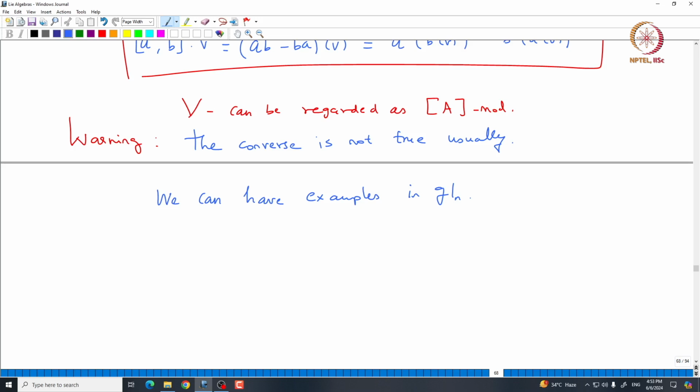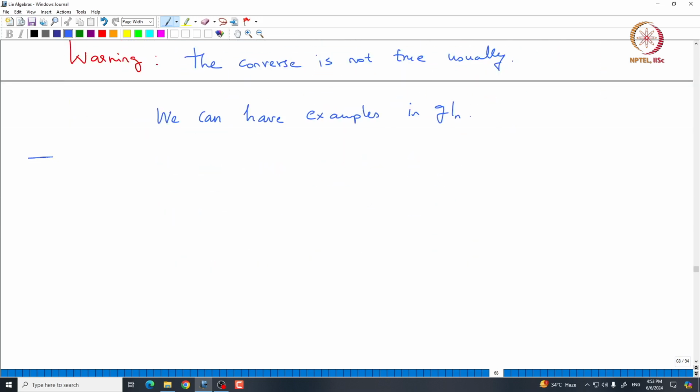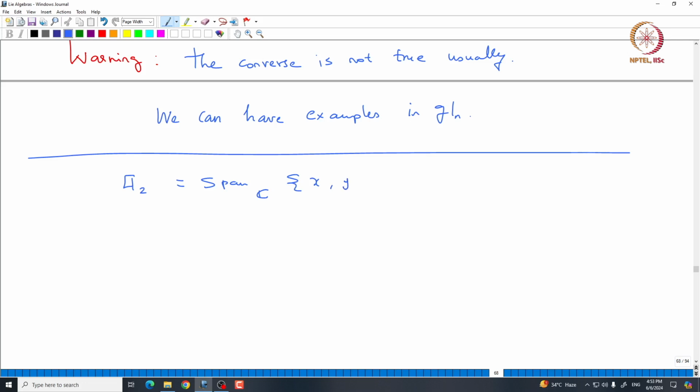So, let us get back to our goal. If we take this two dimensional representation, let me just write down what that means. We want to consider this A_2, which is the span of x, y where x, y commute, okay.